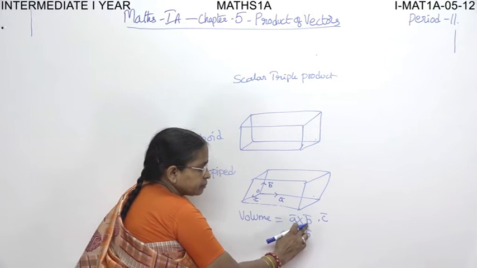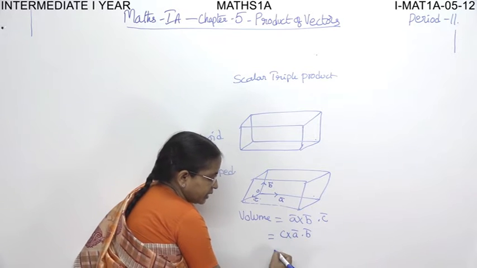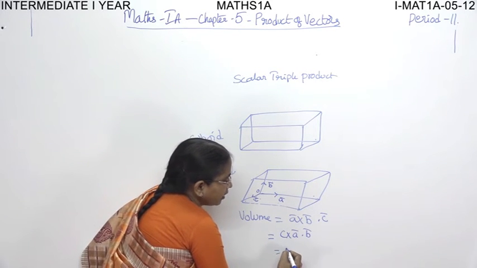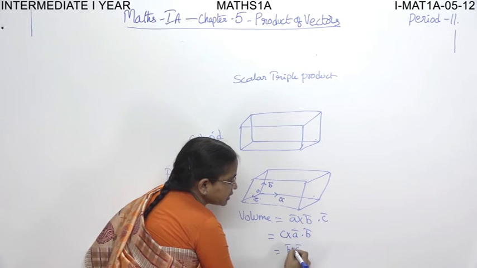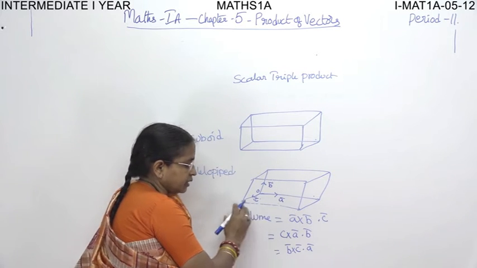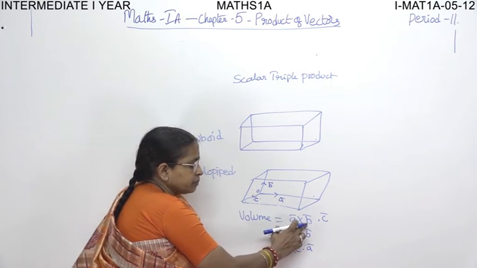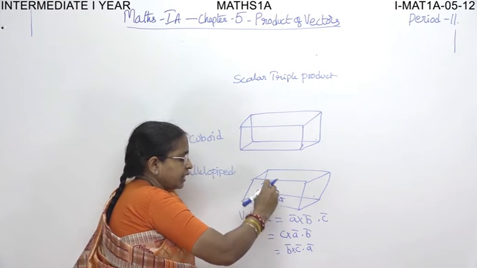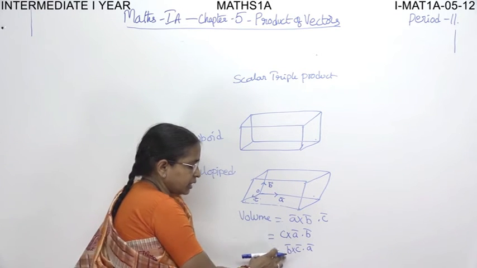So A cross B dot C is the same as C cross A dot B. Suppose again I change the sides, then it becomes B cross C dot A. Then the volume of the parallelepiped will be the same. It is the same parallelepiped. When you change the sides, the volume formula will become like this. So that means all these three are equal.